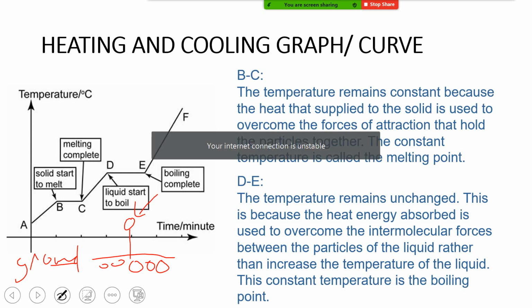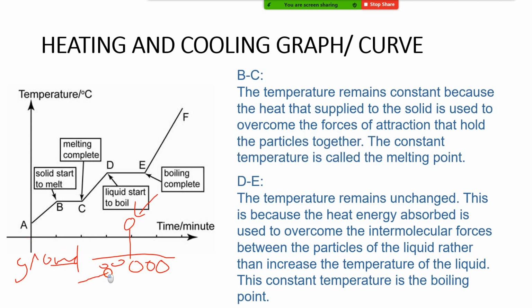Sir, can you repeat, please, sir? So imagine that these are the particles, right? And when you reach A to B, the particles now are moving further apart from each other. So one example is that one particle could have been moving to this point.